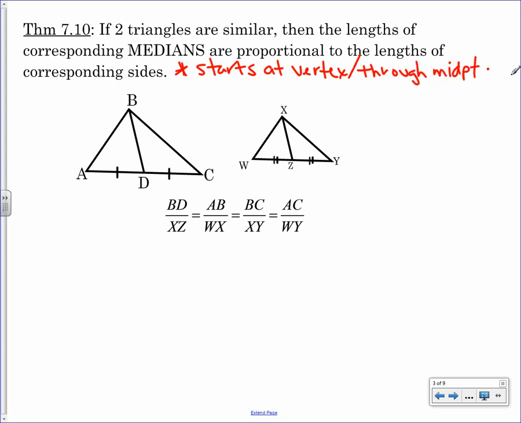Whatever you understand. Cuts it into two congruent pieces, something like that. The same thing. BD is a median, XD is a median. So BD over XC equals AB over XW, BC over XY, AC over WY. The exact same concept as before. Have I lost anybody anywhere? Okay.